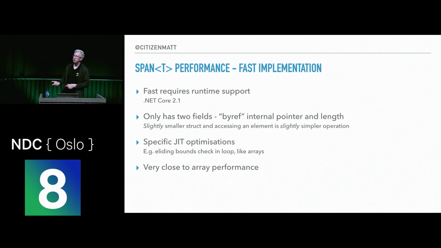But more importantly, the runtime knows this type, and it has specific optimizations in the JIT to get rid of a few things in the same way it does with arrays. So for example, when working with arrays, the .NET Framework and .NET Core runtimes recognize that you're iterating over an array, and they get rid of the bounds checks for each array access. So it knows you're going from 1 to 10, and it doesn't have to do a bounds check on every single one of those.